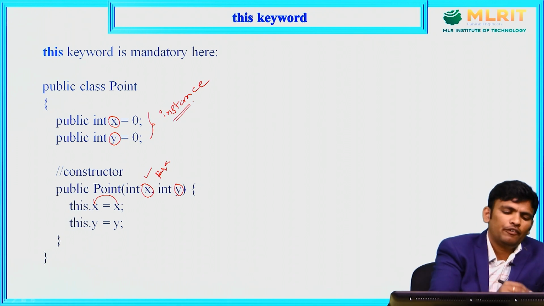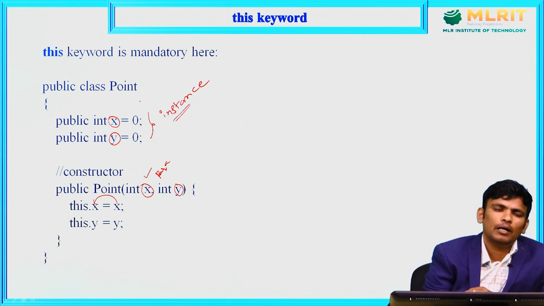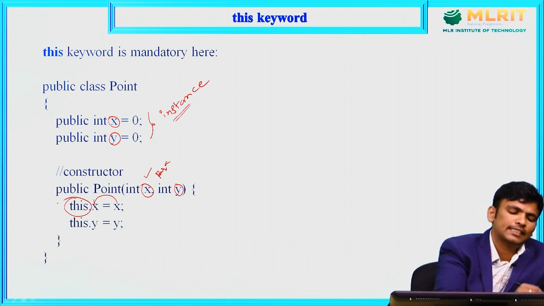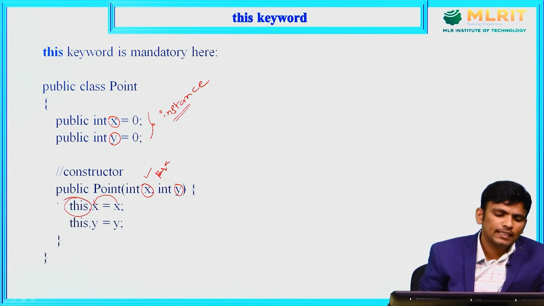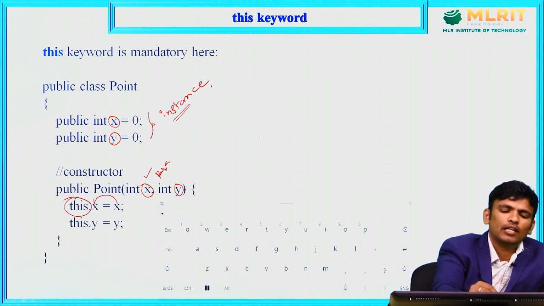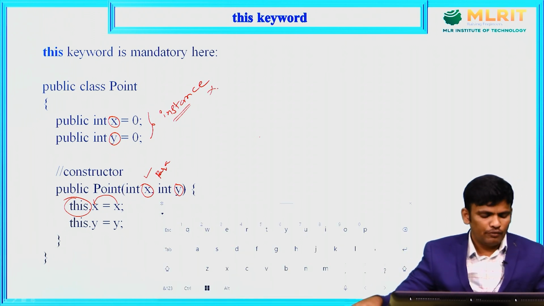So to differentiate the instance members from the parameters, we compulsorily need to use the this keyword. If you are not using it, these instance variables never get initialized.